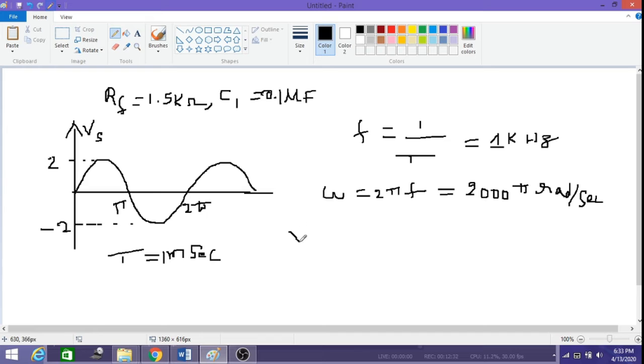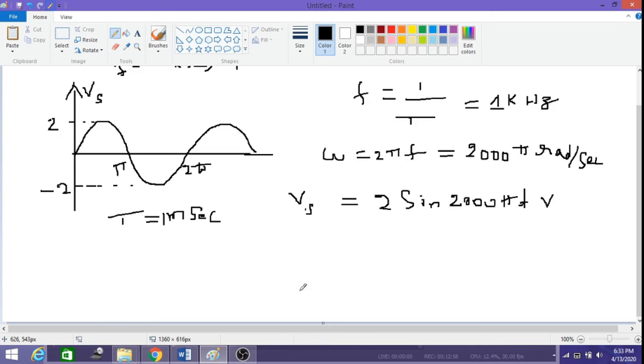Then the final output V naught. Sorry, this is Vs, let me correct this. Vs is equal to 2 sine 2000 pi t volts.